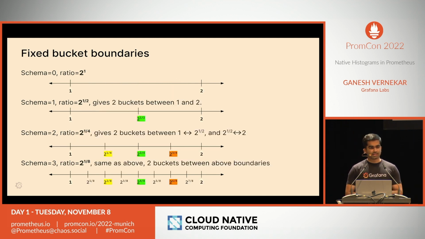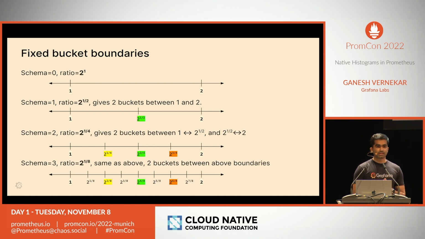Let's see the other direction, where we are increasing the resolution of the histogram. We again start with the ratio 2, which is schema 0. So you have the bucket boundaries 1 and 2. When you want to increase the resolution, the ratio now becomes 2 to the power of 1/2. So you just add another boundary in between those two buckets, and now you have two buckets between the boundaries 1 and 2.